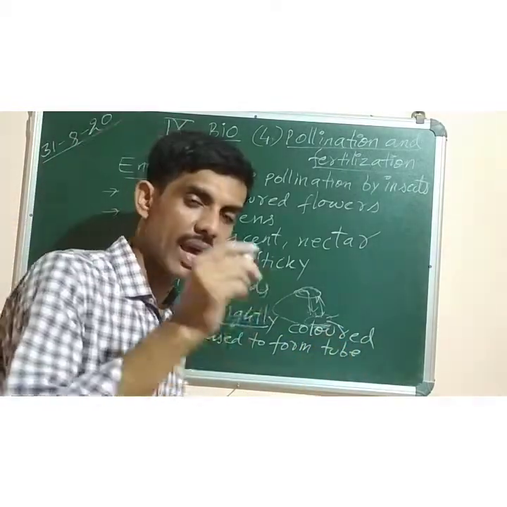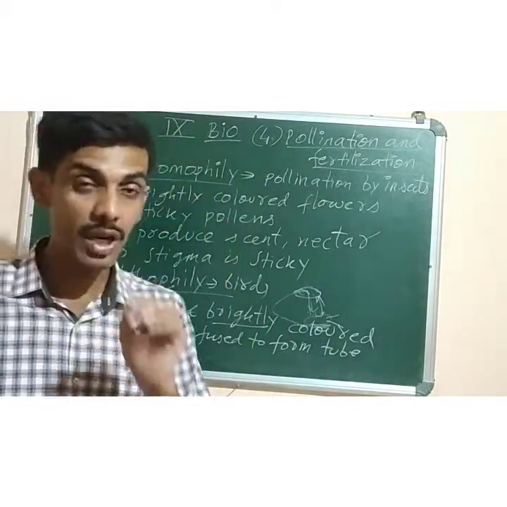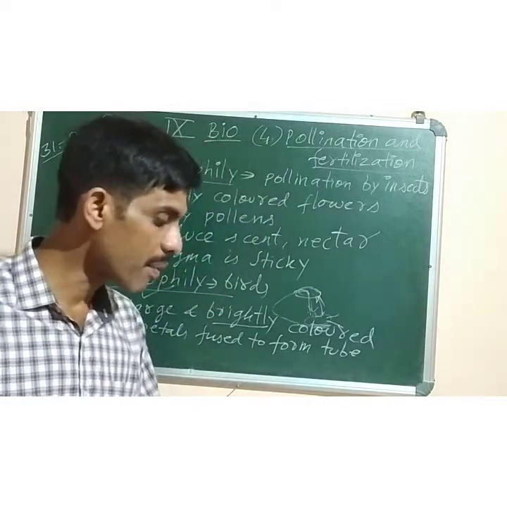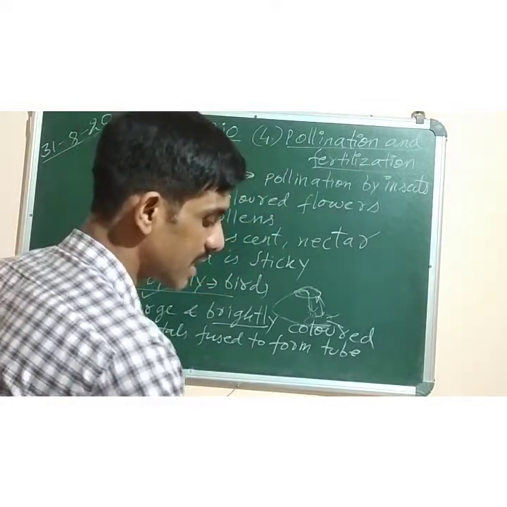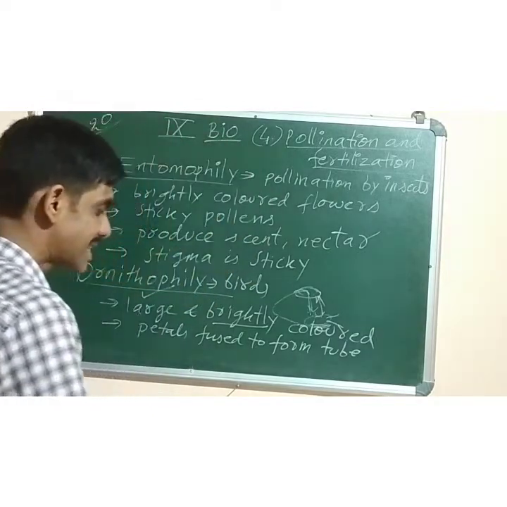the bird's beak can enter inside that tube in order to get the nectar, and the flowers usually have projecting stamens and stigmas.